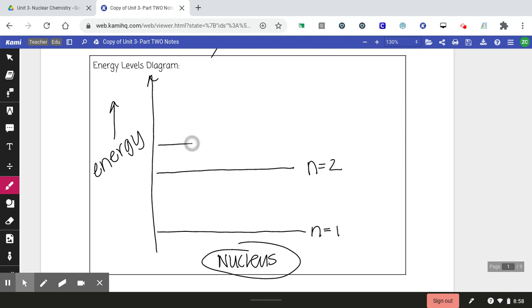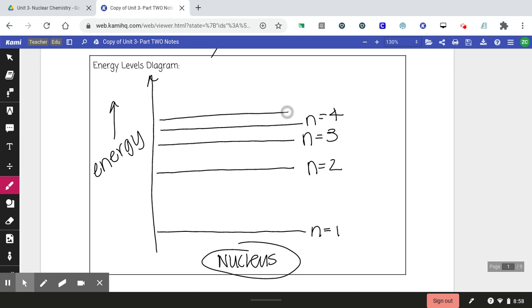Energy level 3 is a little bit closer to energy level 2. Energy level 4 is even closer, and it continues to get closer and closer. And then we'd have 5. I'll kind of draw it out here.